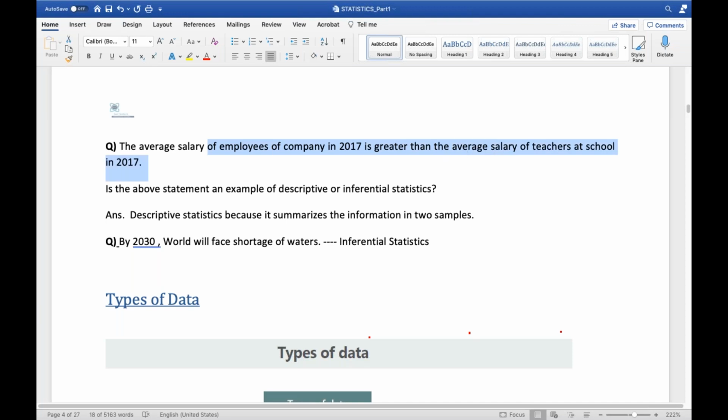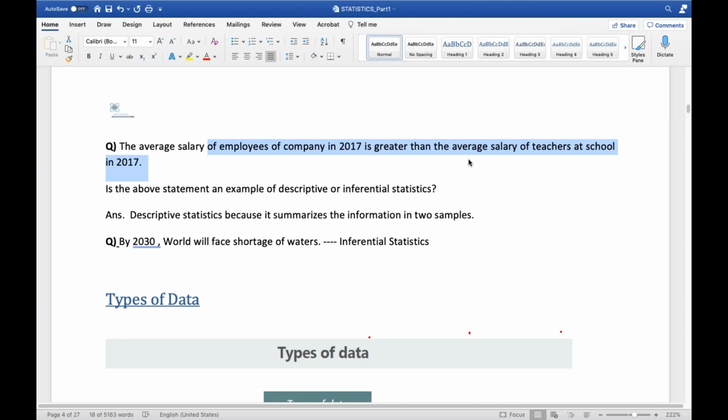Based on the average salary of employees in 2017 and the average salary of teachers, we are comparing and giving a summarization of that particular data. We are not taking any decision. If I said, in 2019 the teachers can get more, that would be an assumption. Is there any sentence like that here?